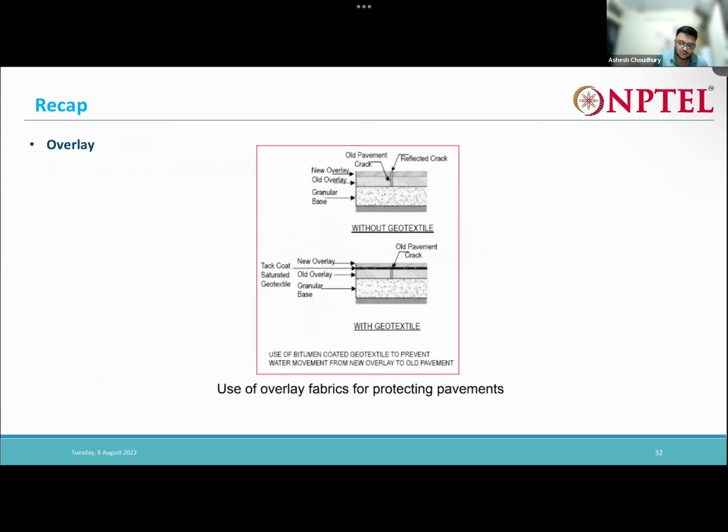Then comes overlay. What are overlays? Generally we need to construct a new pavement over an old pavement.